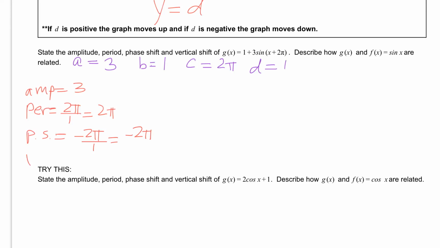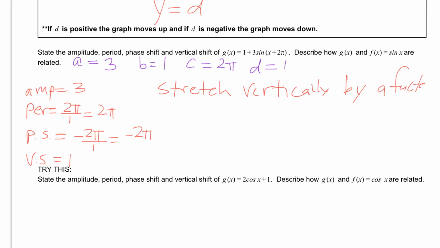And our vertical shift is the d value, which is just 1. So how are we changing this graph? Well, the amplitude is 3, so that tells us that we are going to stretch vertically by a factor of 3.